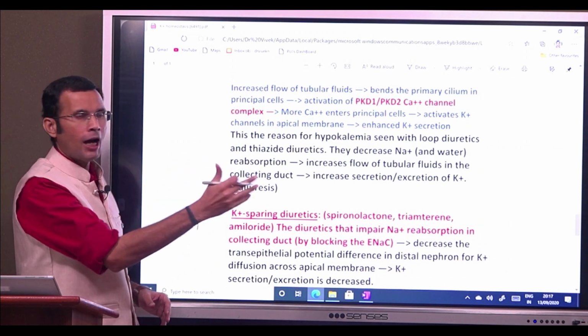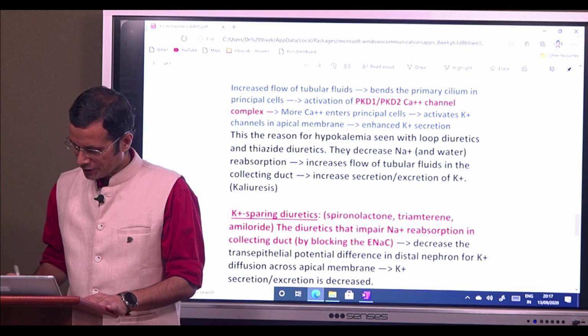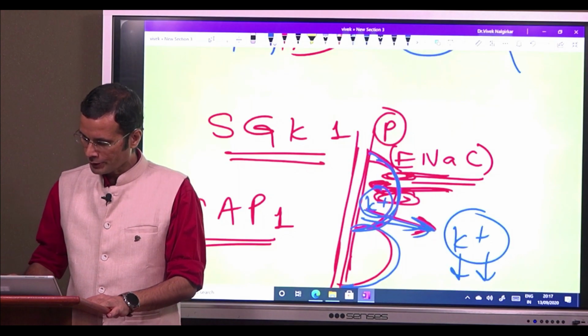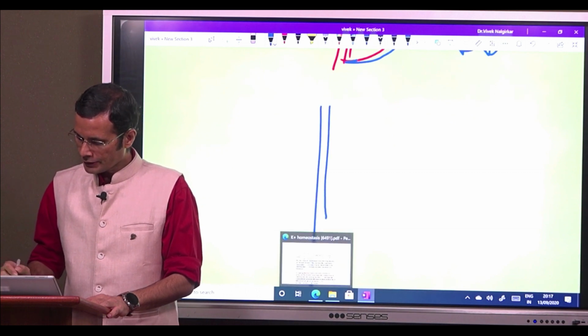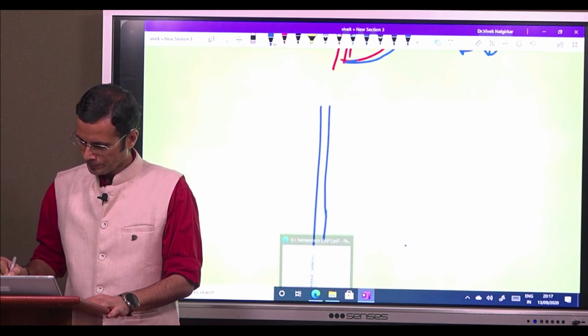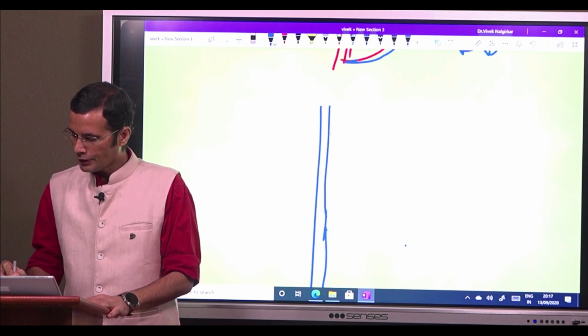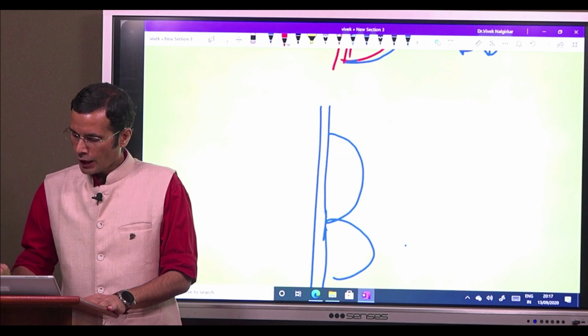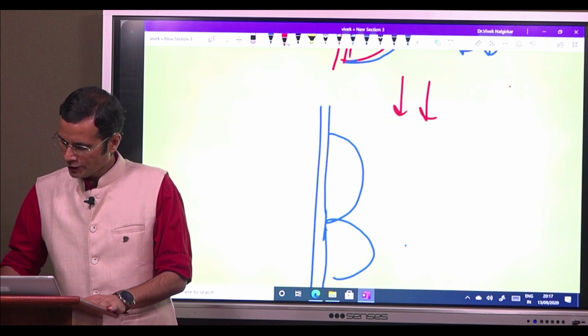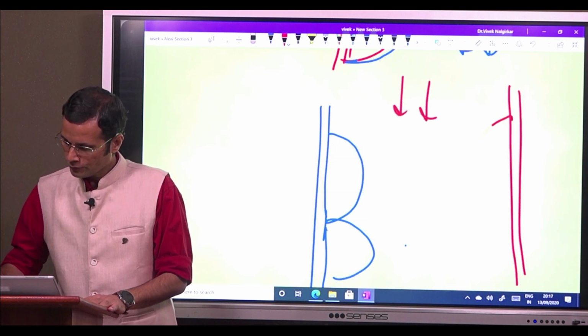Now, how does it affect potassium excretion? Let's try to understand that, a very important one. Here is a collecting duct and these are the cells lining the collecting duct. Now imagine that there is a tubular fluid flowing down the tubules.